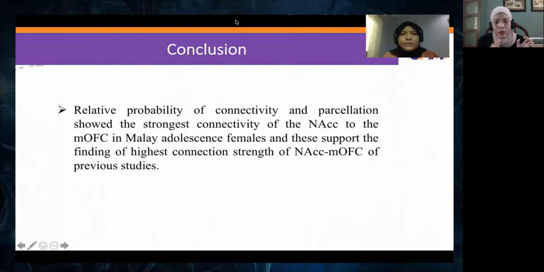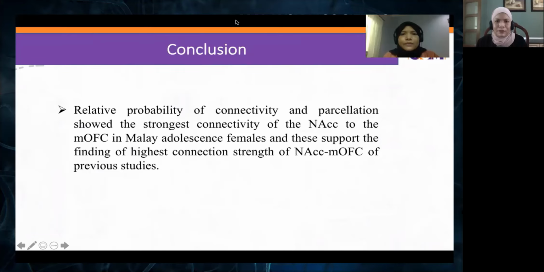If you look at what I said previously, one study used the striatum as seed, but I used NACC in particular because it's very interesting that many studies use that. And I found that there's actually a very strong connection there, and it could be the same in other ethnicities as well. But I also found individual variation, so it's not that I found the same thing for everyone. I actually found individual differences as well.